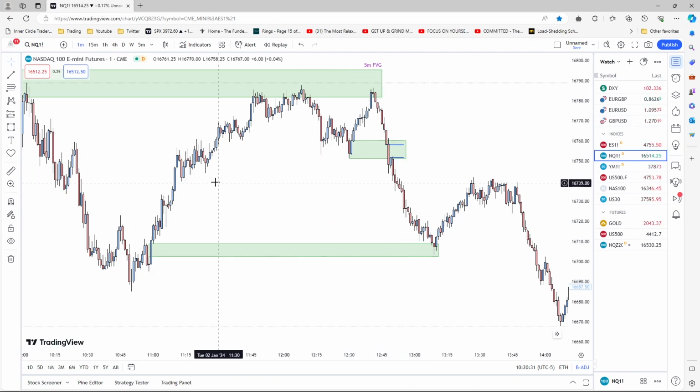So we would be looking at scaling something off in this fair value gap. Barely, almost just got hit over there. Or once we trade into it over there, you would scale something off. We had this wick. That wick is another beautiful point of taking a partial.